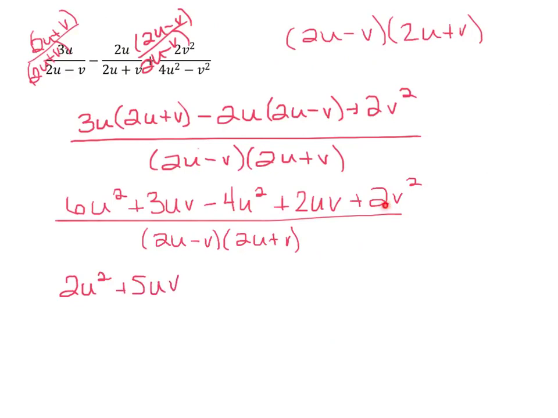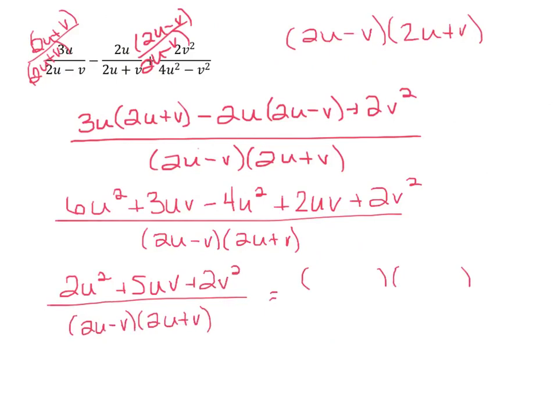And then 2v squared. And then to factor, and this is factorable. Now I know we normally want to say, oh, we've got a u squared and a v squared, perfect square, but 2 is not a perfect square. So this is actually not a perfect square trinomial.